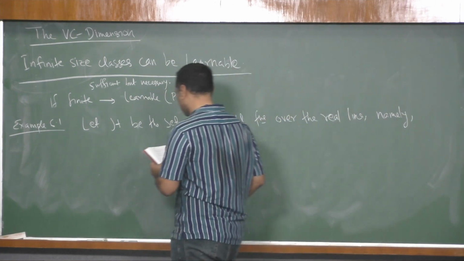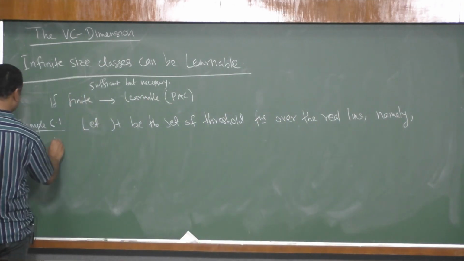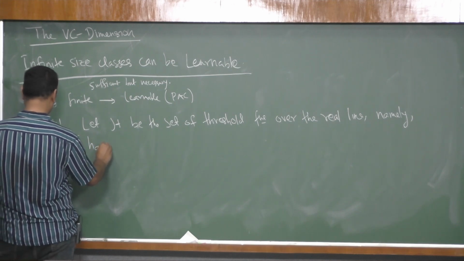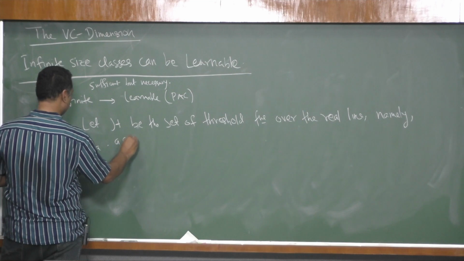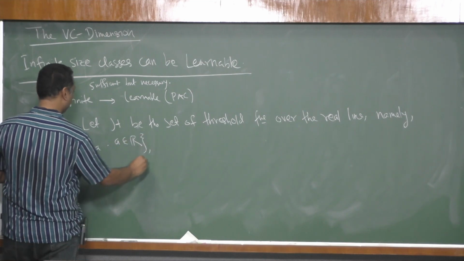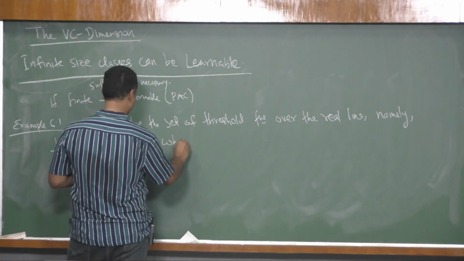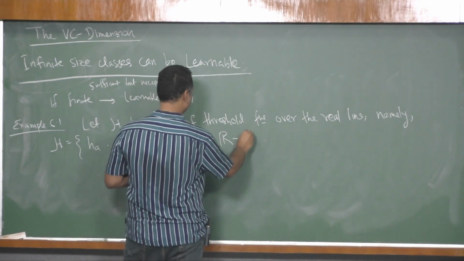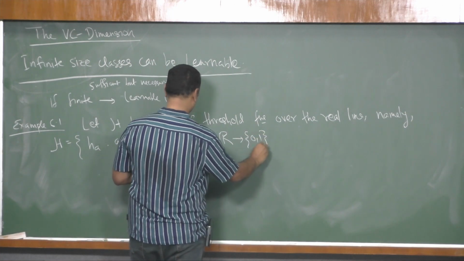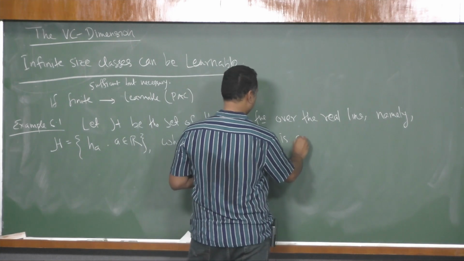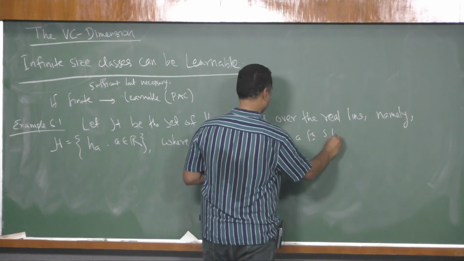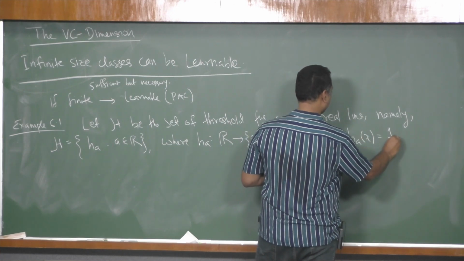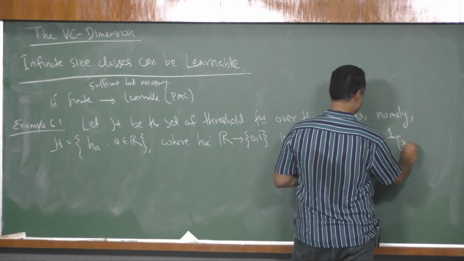so let us create a hypothesis class which is threshold functions h_a such that a is in R, where h_a goes from R to {0, 1} and is a function such that h_a(x) is 1 if x is less than a.